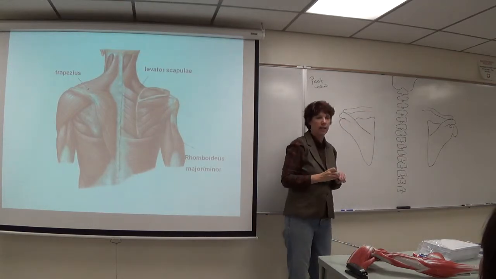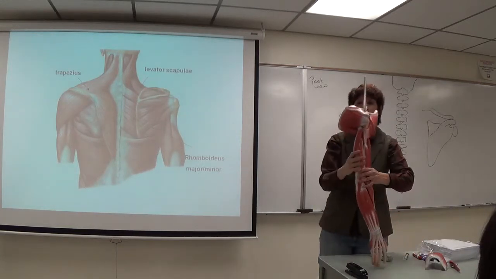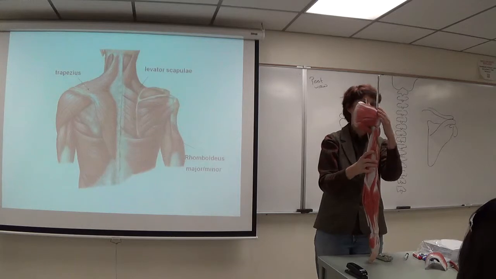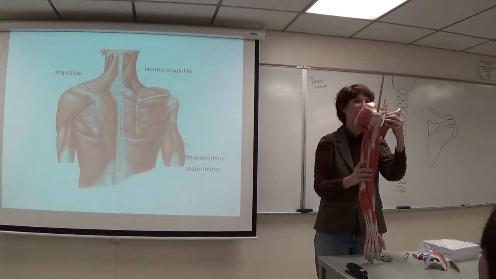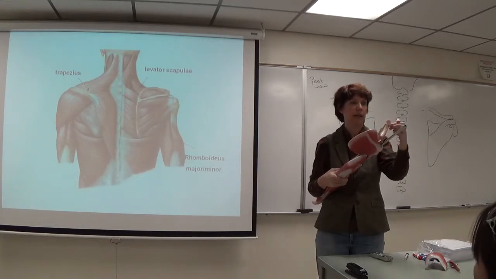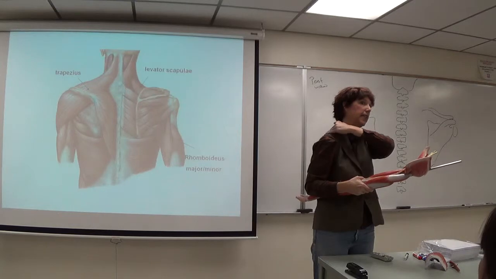All right. So if we look at this model of the upper extremity here, here's the posterior view with the scapula. This would be the spine of the scapula. Here's the clavicle. So these cut fibers right here belong to the trapezius. So it wraps around from the front as well as attaches to the back.